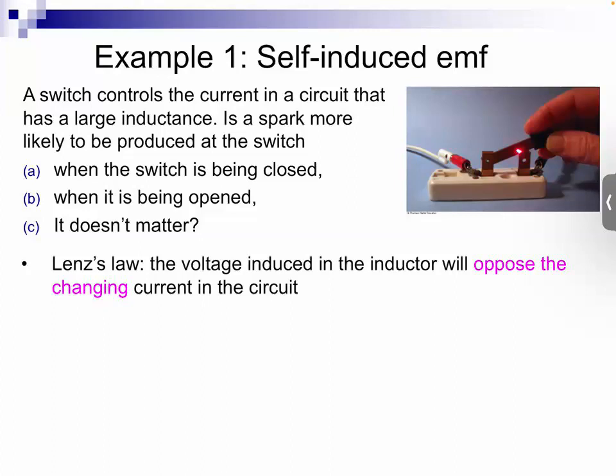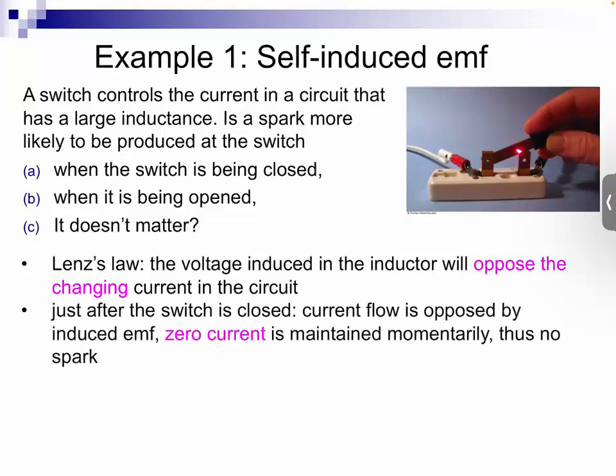So if you think about a circuit that is first open, say you have this circuit here, it's opened like this. So initially current is not flowing in your circuit, right? There's no current flow.